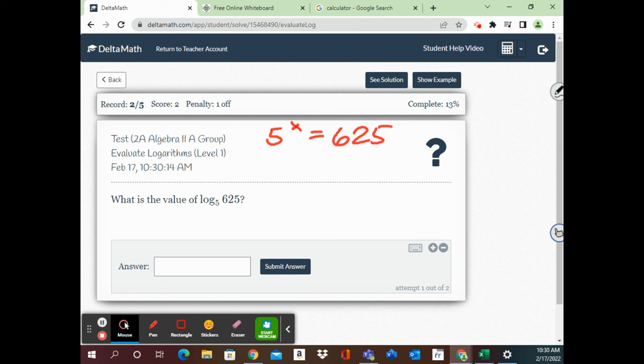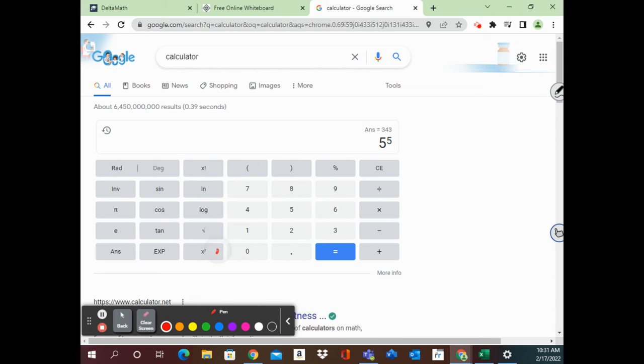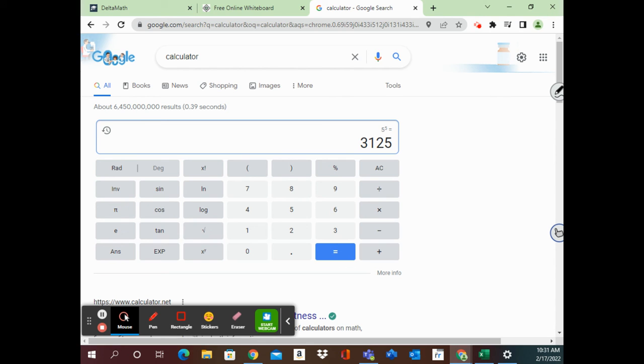Let's double check with our trusty old calculator. Instead of multiplying 5 times, I'm going to select this option, x to the y, which gives me that little box up in the corner where I can type in any number. 5 to the 5th power is too large, so let's do 5 to the 3rd power, which is 125.